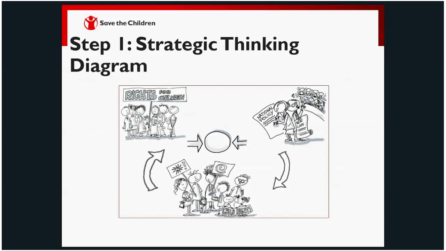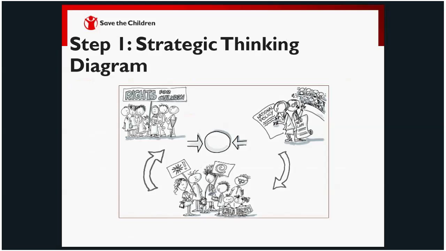This is a simple diagram, but yet it tells us a lot about thinking programmatically around our different approaches. If you look at this diagram, what it shows is there's children at one end, there's policies, and then at the other end asking for rights.